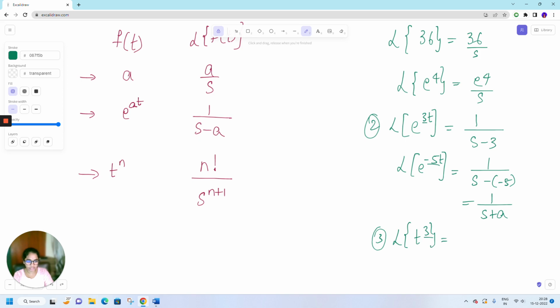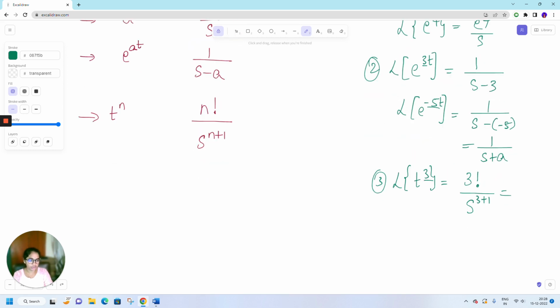In place of n I have 3, substitute, I would get 3 factorial divided by s to the power 3 plus 1. 3 factorial is 3 into 2 into 1, which is 6, so the answer is 6 divided by s to the power 4.